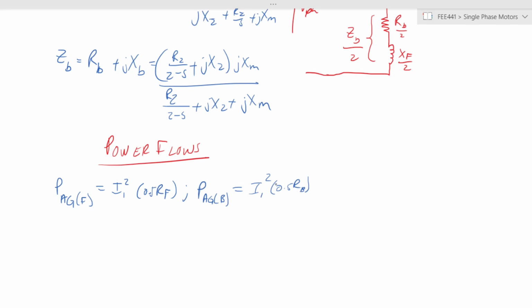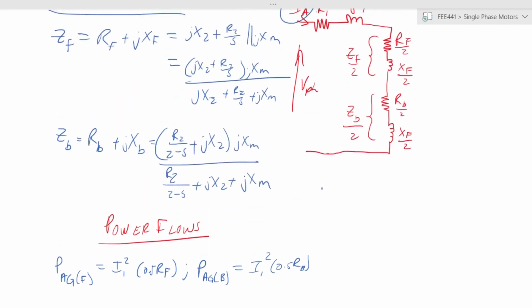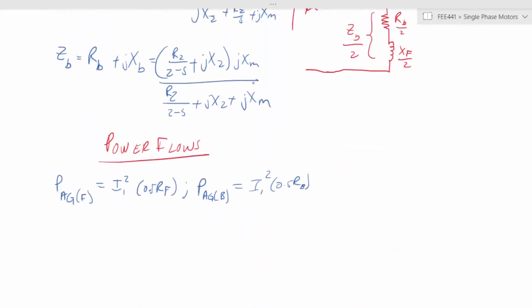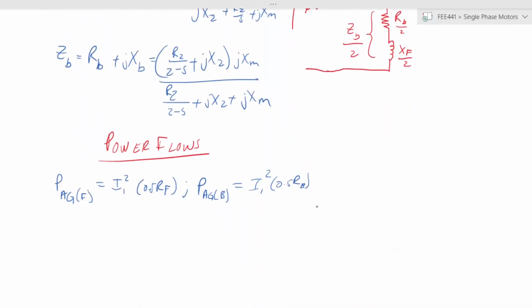Here, the R2 is the only resistive component in the entire impedance, so you can make use of that fact by attributing it to this RB. This is something we made use of in the cut that we did for three-phase induction motors. Therefore the total air gap power adds up the forward and backward components.